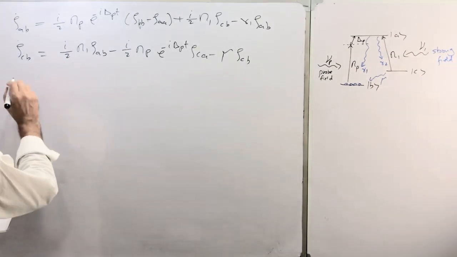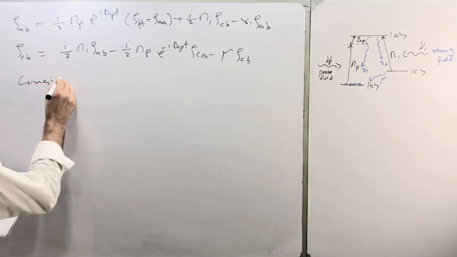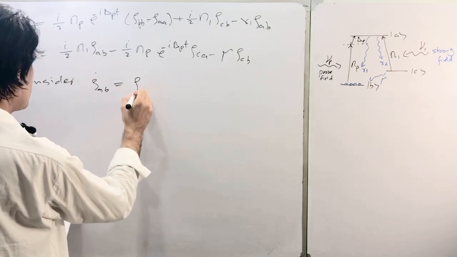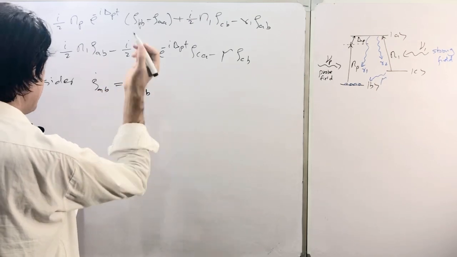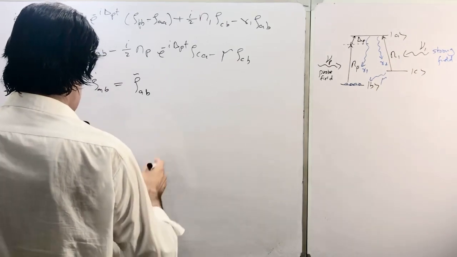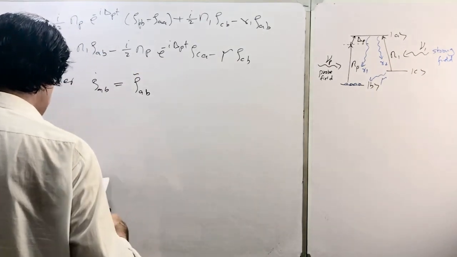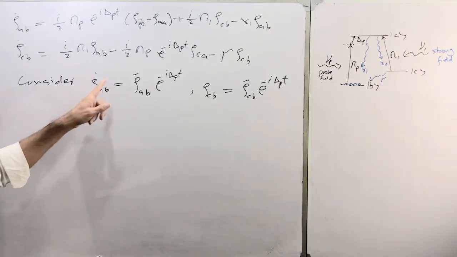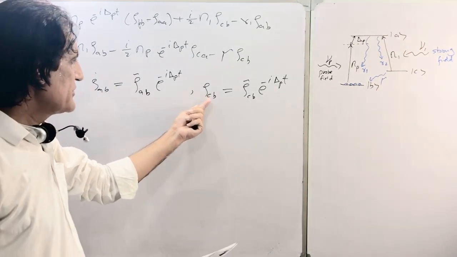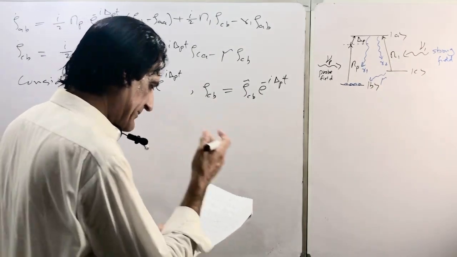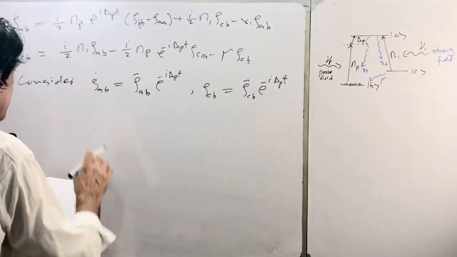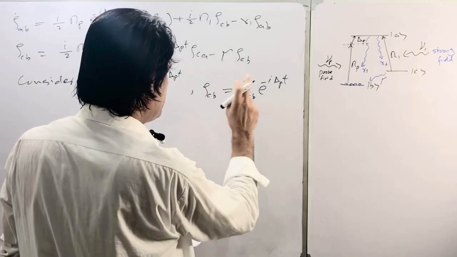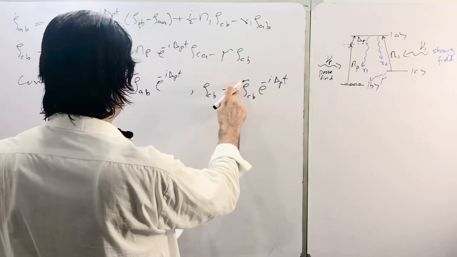Consider rho dot AB, which is equal to rho AB tilde. In these two equations, rho dot is equal to this, and rho CB, there is no dot here, this is only rho AB which is equal to this, and rho CB which is equal to this, with a tilde.